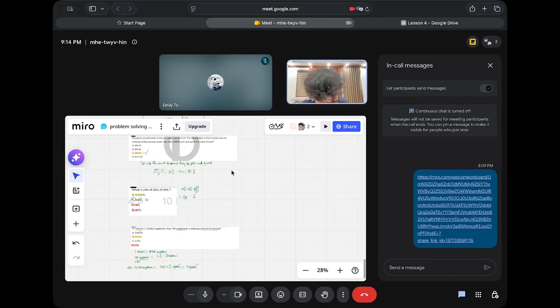So we have this equation, and of course x is 1, x equals that, right?